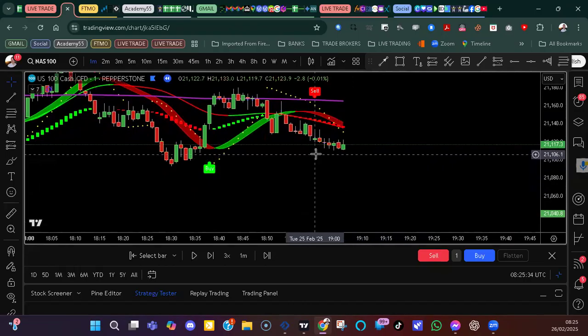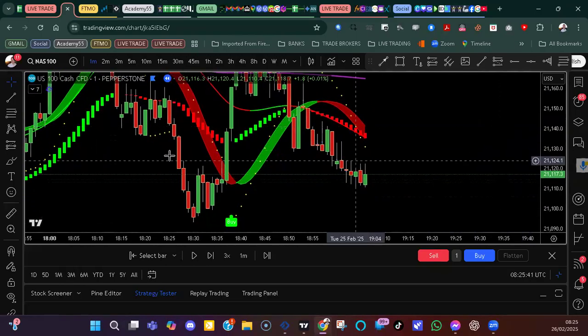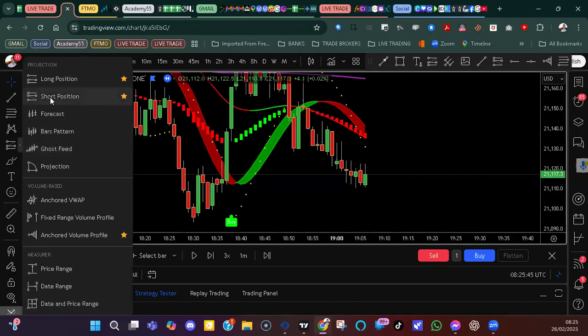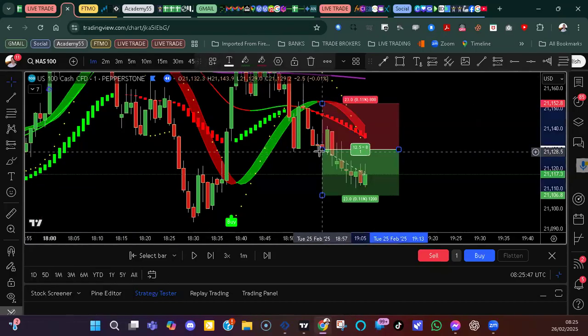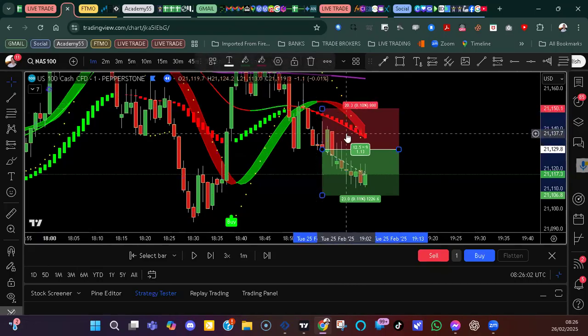So indeed at 7 o'clock yesterday evening, let's get the short position tool out. Again, 20 pips, 20,000, that's the equivalent of 2,000 units, which again is the equivalent of 2 pips.